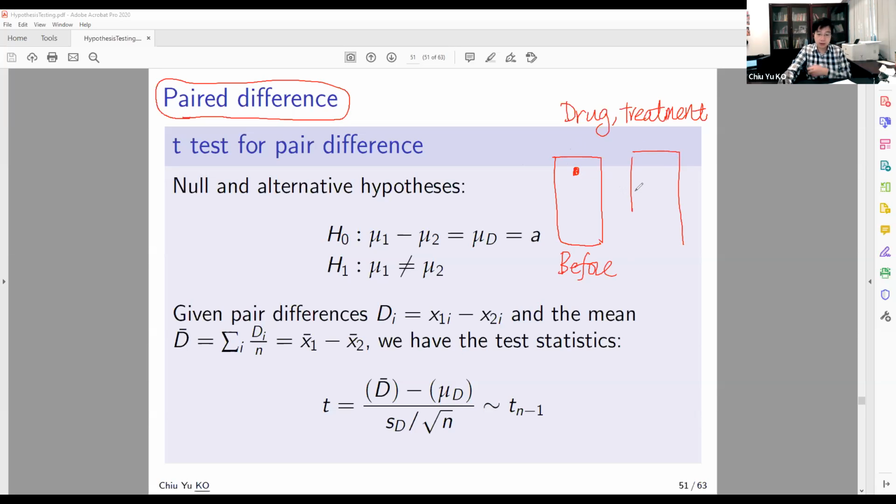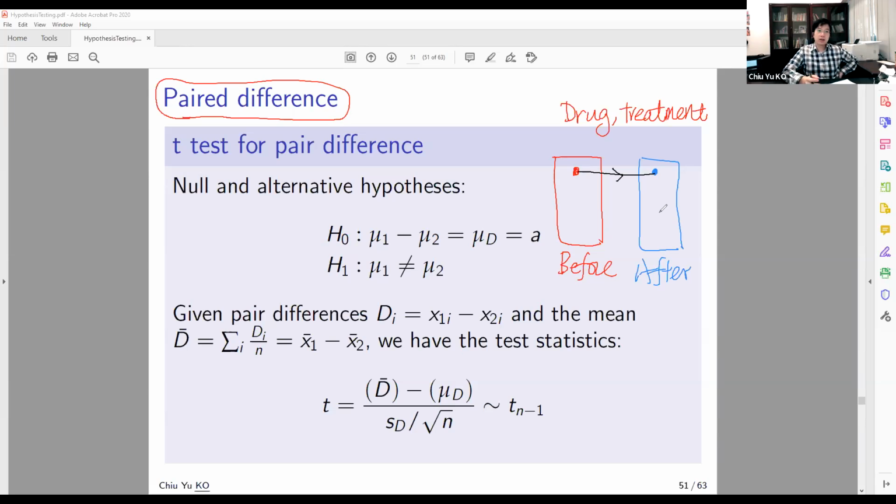And then you have the after, and you pair the two. Usually this is how you avoid the individual difference. You compare and look at the difference. Is it going to make a difference? Or some people say that eating a certain drug can make you slim, or make you taller, and so on.